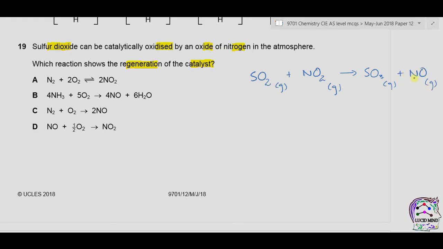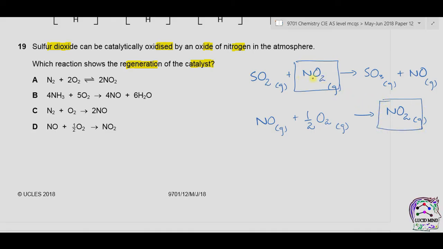Now in the second reaction nitrogen monoxide is oxidized in the air to form nitrogen dioxide gas. So now we can see that NO2 is being regenerated in the product, so therefore it is acting as a catalyst. So this equation represents the regeneration of the catalyst and it is given in part D.